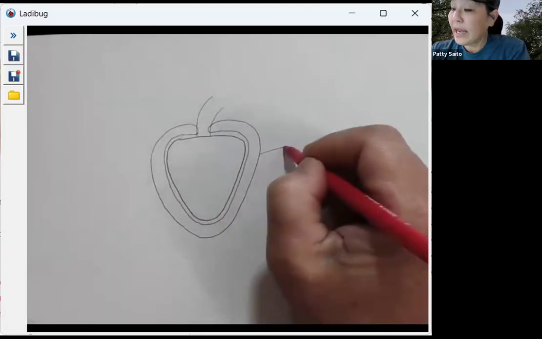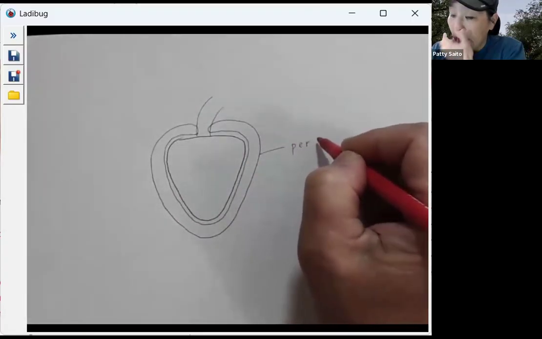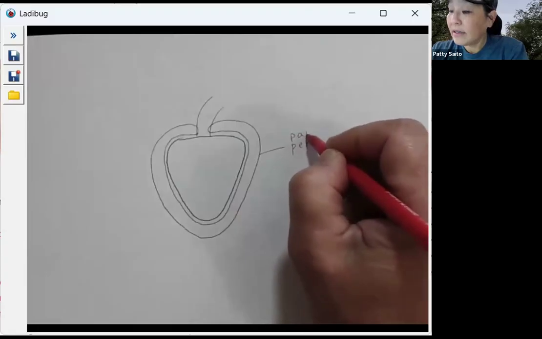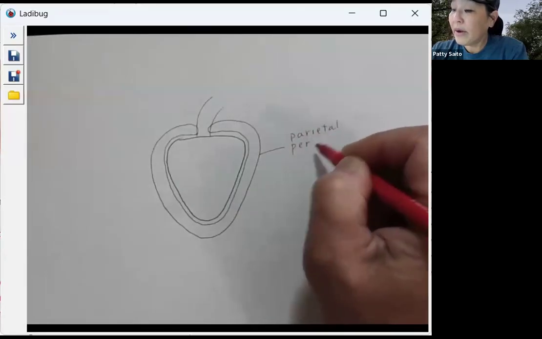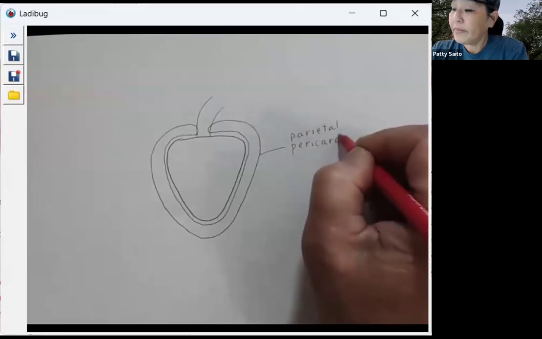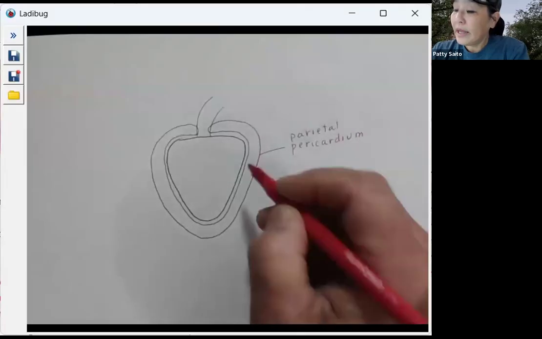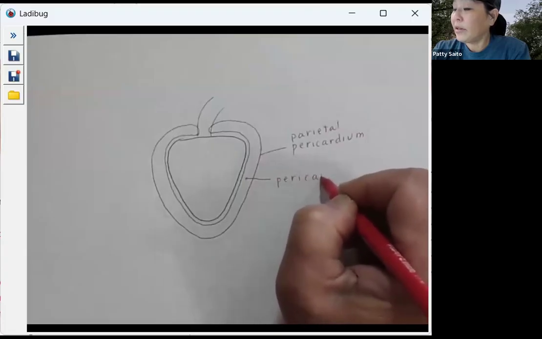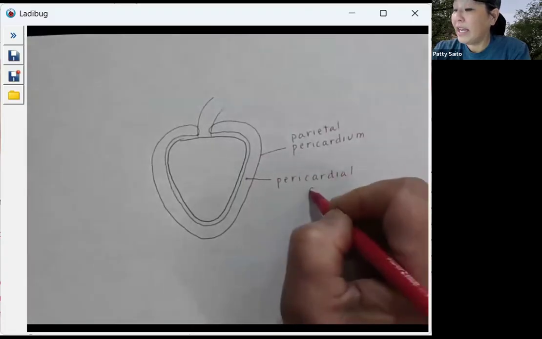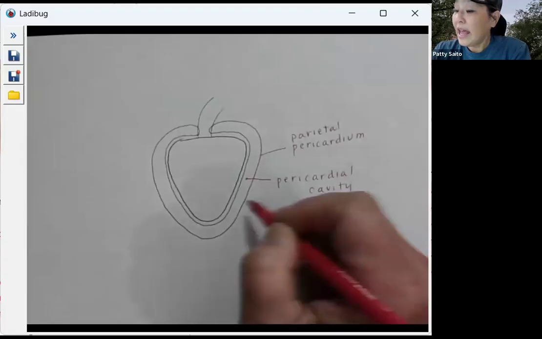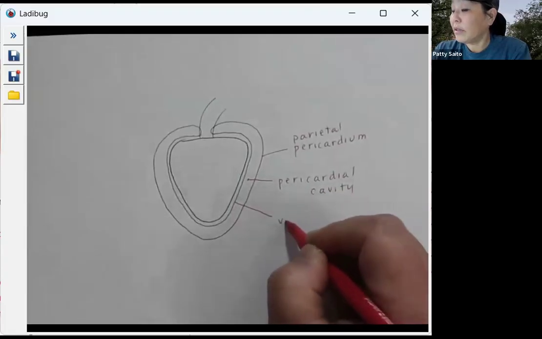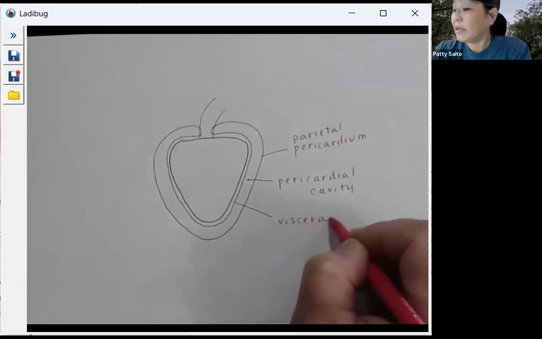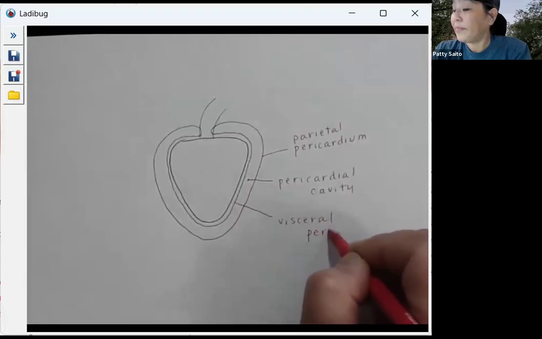Remember, there's a parietal pericardium, there's that pericardial cavity, and then there's the visceral pericardium.